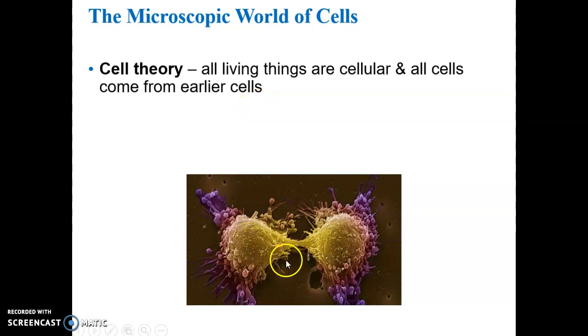So here's a cell, it's still connected, so it's one cell undergoing cell division, most likely mitosis, and it's almost at the end of the cell division cycle, and as soon as this separates here, then you'll have two cells that originated from the one original cell. So the one original cell ceases to exist as soon as it divides, and it produces what are usually called two daughter cells.